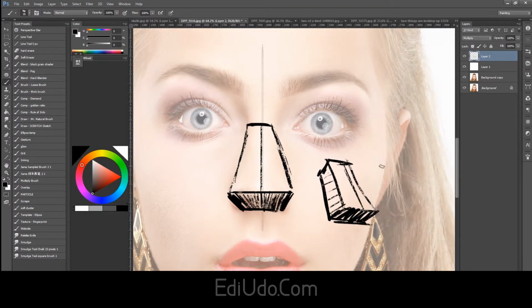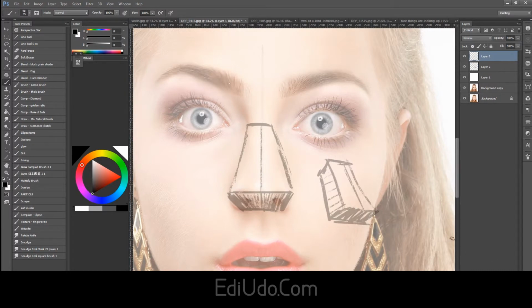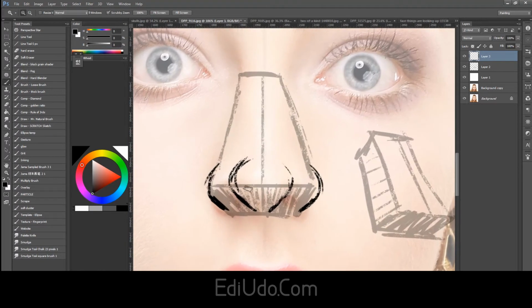So if I'm blocking stuff out, I literally make a block, and then I start to attach the ball of the nose. As we can see here, this is one ball of the nose, and then the second ball, third, and then I attach the nostrils underneath, like so.